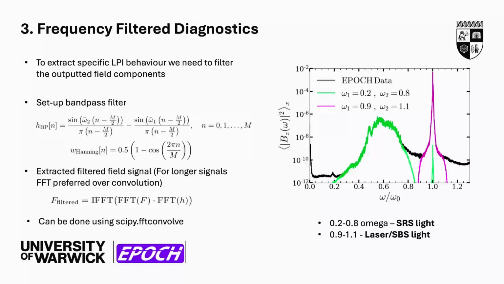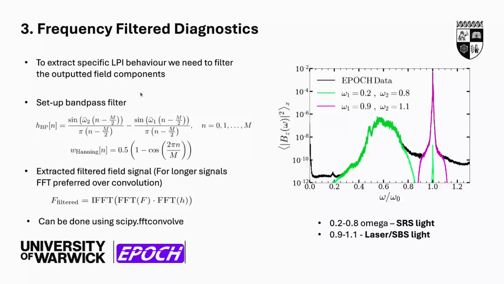Eventually you're going to want to work out the intensity of these instabilities. You're going to work out the Poynting flux, so you need to filter out each field that you've got. For example, this region in green, I know comes from SRS range frequencies. This region in pink comes from SBS or laser. You can normally do this by setting up some sort of bandpass filter.